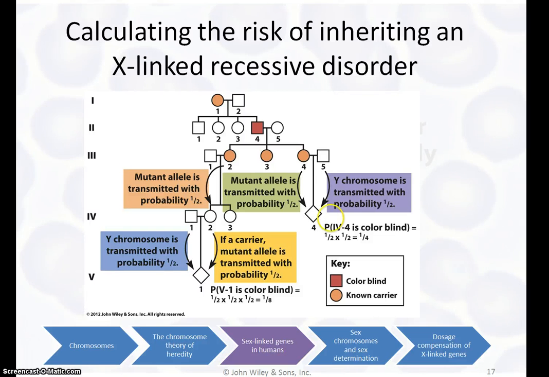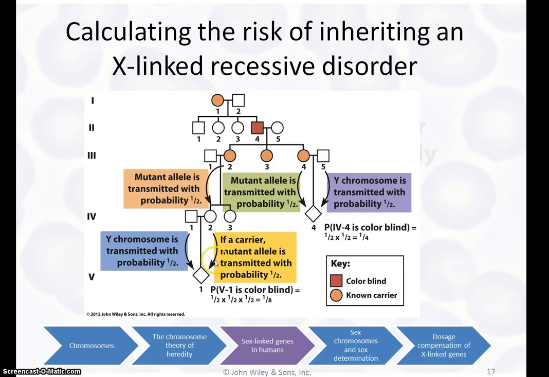Well, for a known carrier female in generation 3, this individual right here, if we know that she is a carrier, the probability that she will transmit that mutant allele onto her offspring is 1/2. It's a 50-50 chance, right, that she'll transmit the affected allele. Now from here, supposing that this individual is the mother of this individual here, if this individual did inherit that mutant allele, there's a probability that she will also pass on that allele.